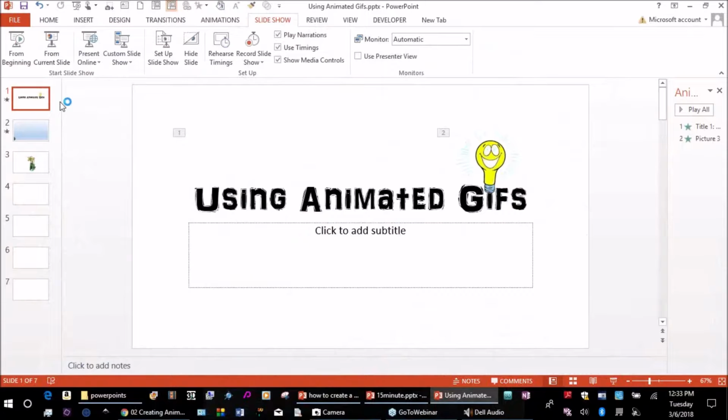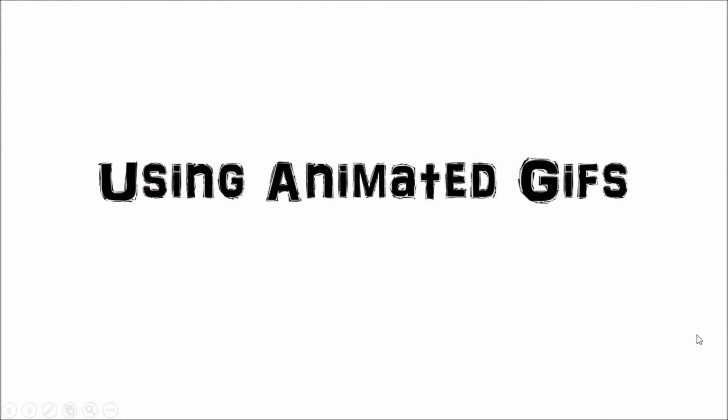I did use some of those in here to show you how you can use the animation feature in conjunction with them. But this is a slideshow that has an animated GIF in it. So let me present. And so here's an animation where I brought in the text.